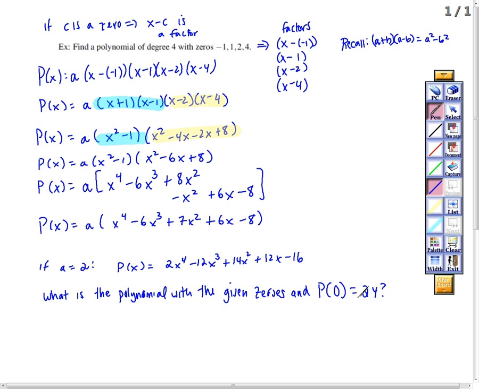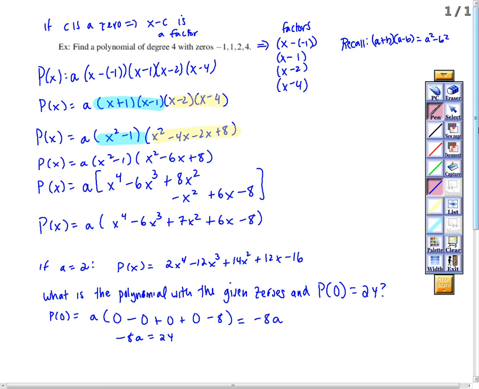So I see the constant term has to be positive 24, because if I plug in p of 0, I get a times 0 minus 0 plus 0 plus 0 minus 8, right? So P of 0 is negative 8a. So I want negative 8a to be equal to 24.